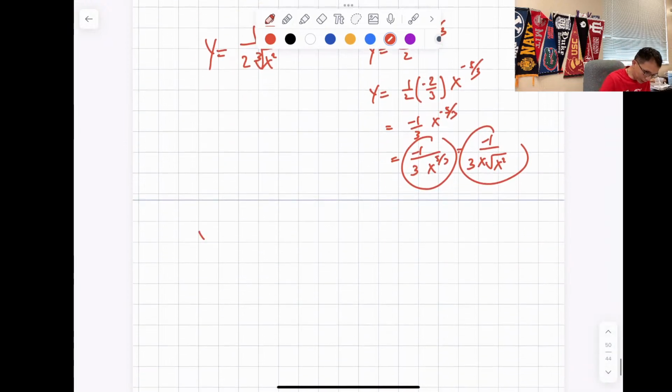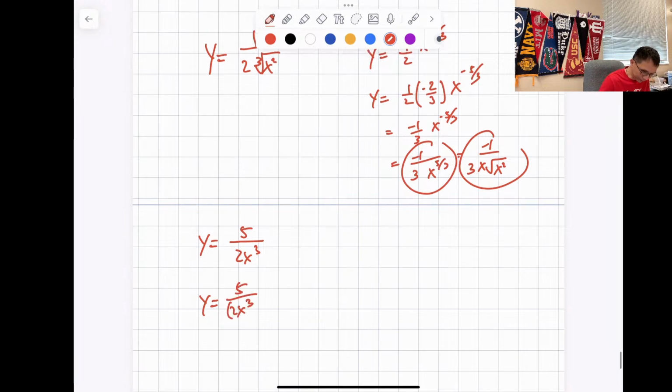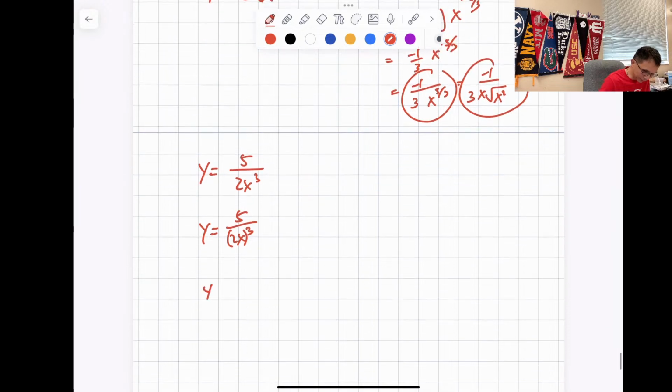Now I want you to take a derivative of all five functions here. 5 over 2x cubed. Make sure the thing that is going to kill you is your algebra skill. The first one is x to the power 2, 3.